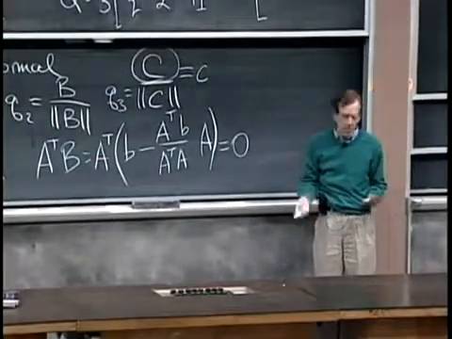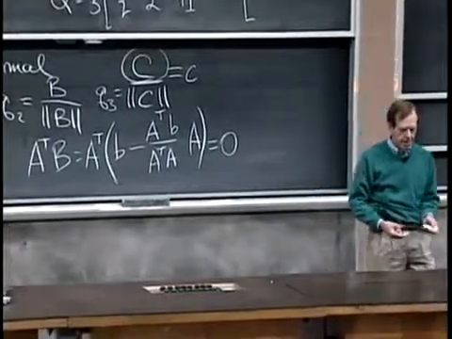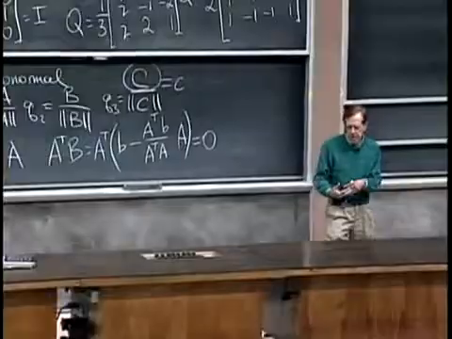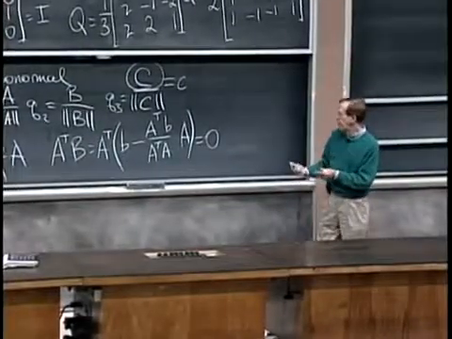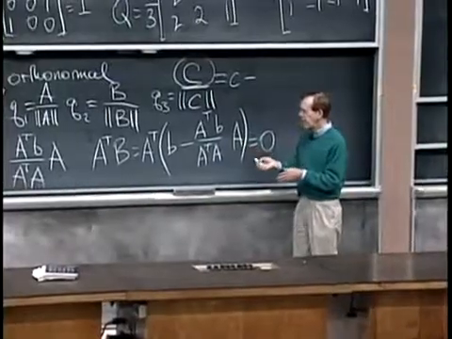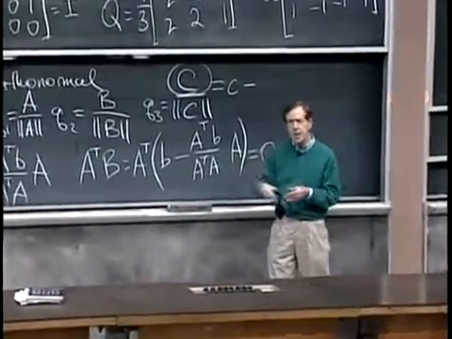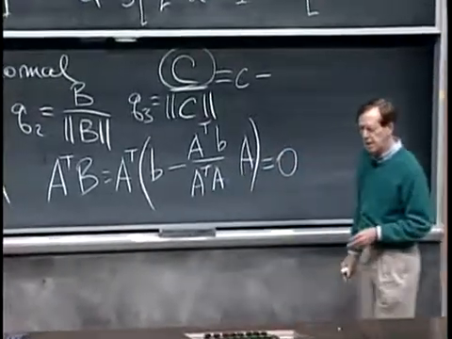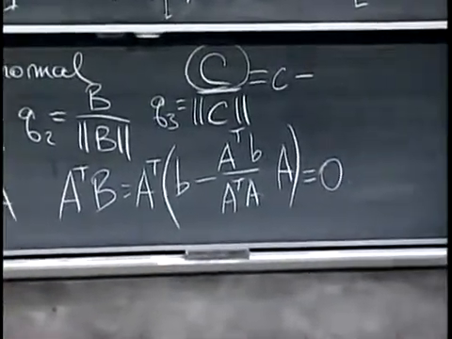I start with the vector I'm given. And what do I do with it? I want to remove out of it. I want to subtract off, so I'll put a minus sign in. I want to subtract off its components in the capital A and capital B directions. I just want to get those out of there.